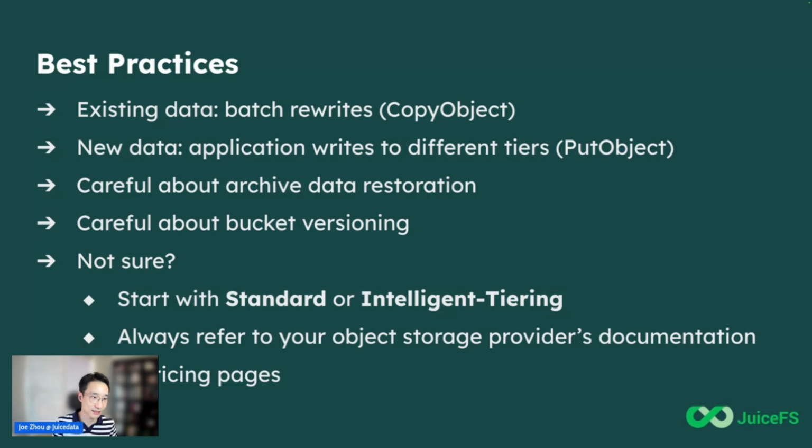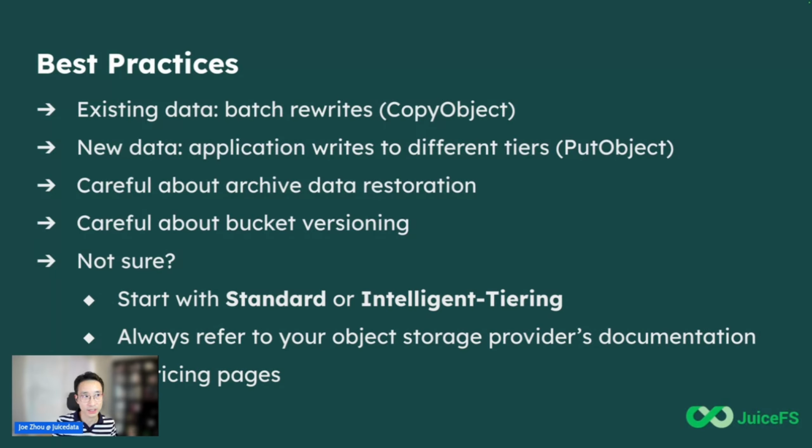When that's the case, you can use the set command with -r --force, and do a batch rewrite of everything under a specific directory. We're using the copy object API to achieve that. So we're using copy object, but with the exact same path.